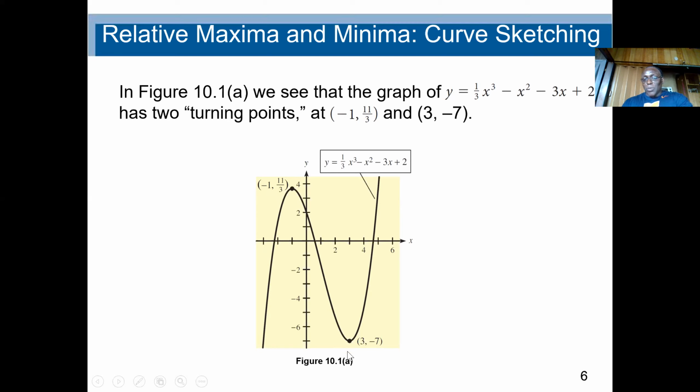The relative minimum will be 3 and -7, and the relative maximum will be -1, 11/3. Now in this chapter, our goal is how do we find these 2 points without plotting the graph? By plotting the graph, we can see and get it straightforward from the sketch. And that's our topic today.